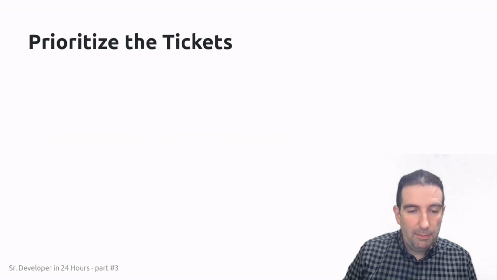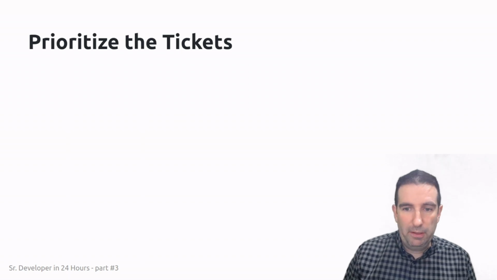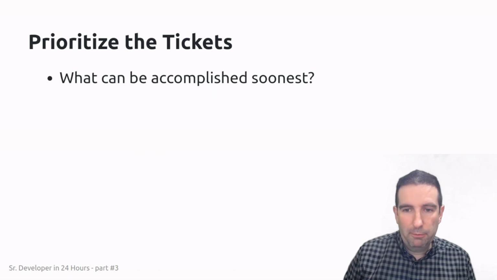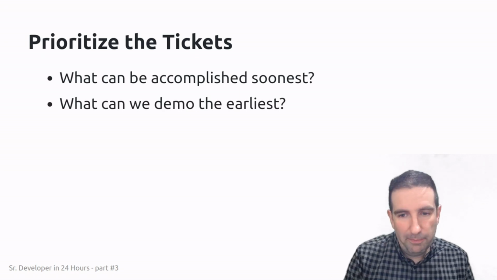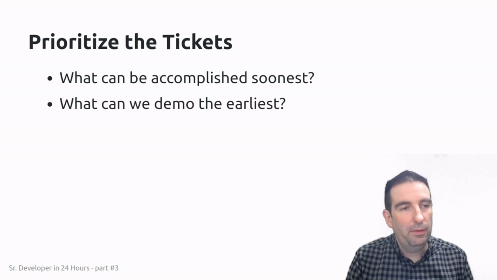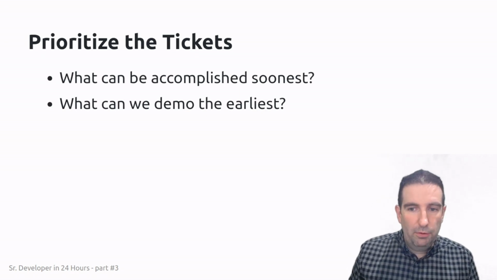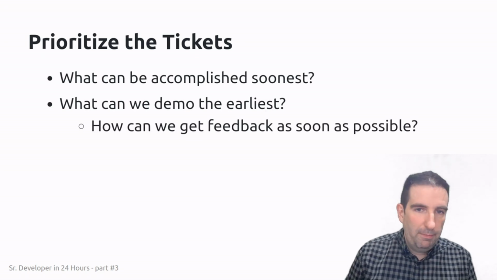Okay, our tickets also should have enough information for us to be able to prioritize the tickets. For example, we want to know what can we accomplish the soonest. Because the sooner we can accomplish something, the sooner we can demo the functionality, and most importantly, the sooner we can get feedback.